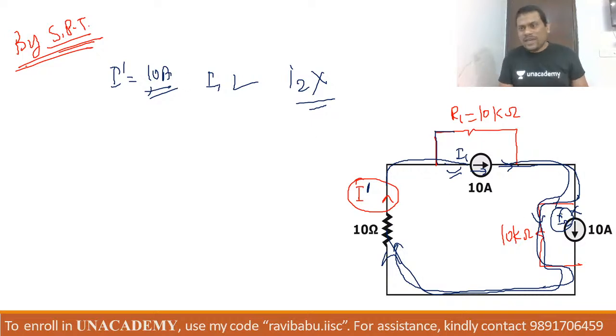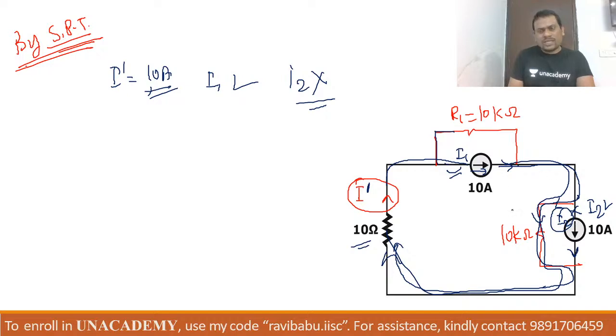Now see, in this case, when our I2 is active and I1 is deactive, this current, because this 10 kilo ohm resistance is very high in comparison to 10 ohm resistance. Okay. So I want to tell you in this fashion how much current will flow in this way. See, this is the current source parallel resistance. This is the current source parallel resistance.